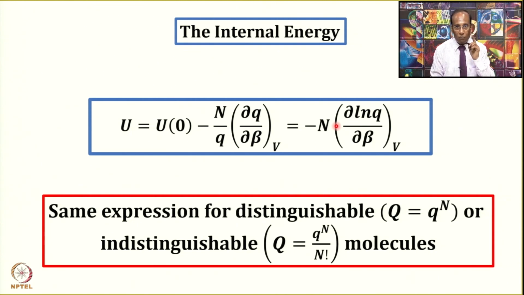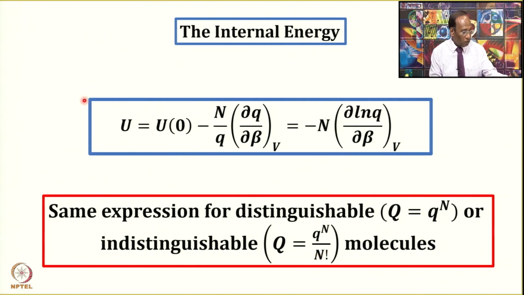That means we have now shown that whether the molecule is distinguishable or indistinguishable, you can use the same expression in terms of molecular partition function. So same expression for distinguishable, that is Q equal to molecular partition function raised to the power N, or indistinguishable, Q is equal to q raised to the power N over N factorial.